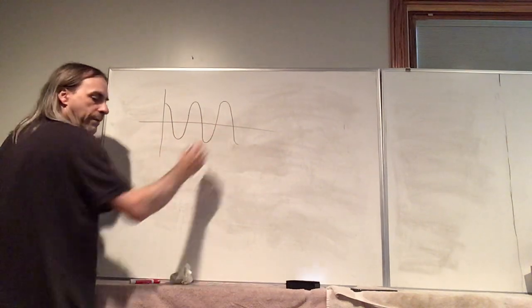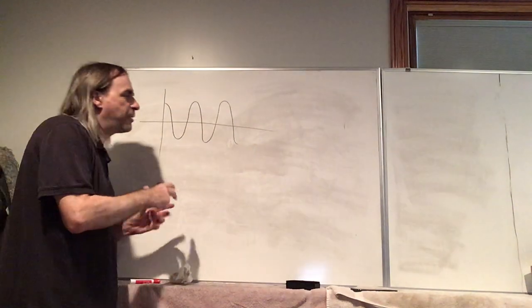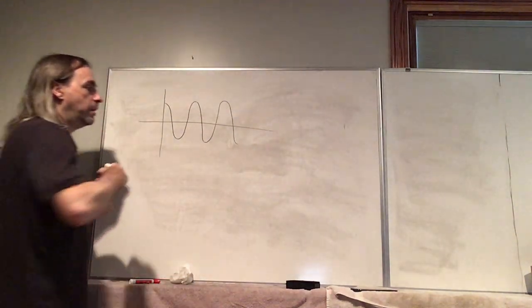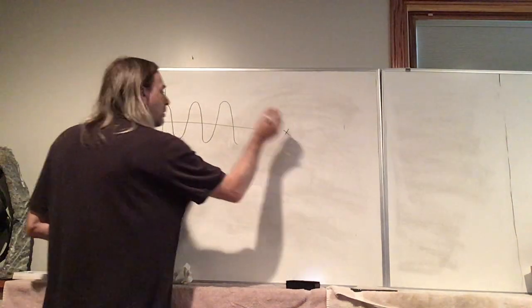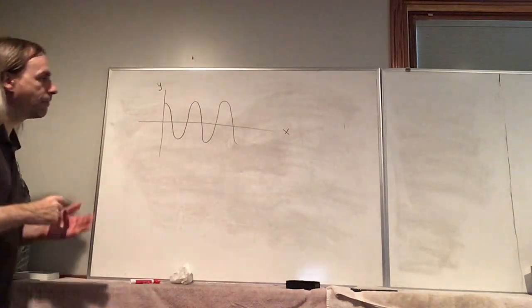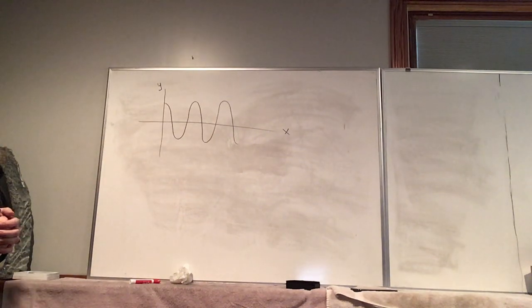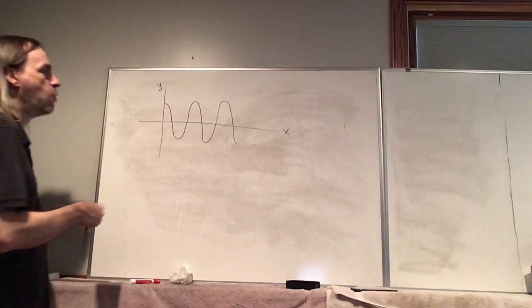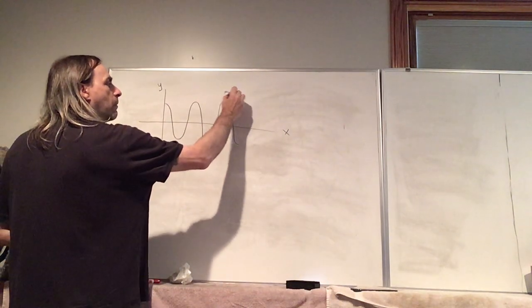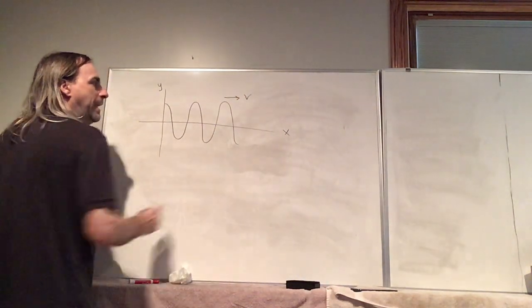So let's say here's a wave, and say this is a picture of a wave. So here we have, say, x and y. So this is a picture of a wave in space. However, the wave is moving. Let's say it's moving to the right with a speed v.